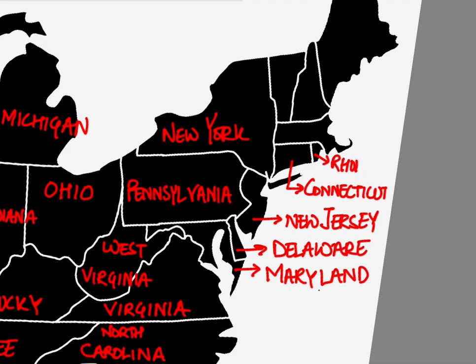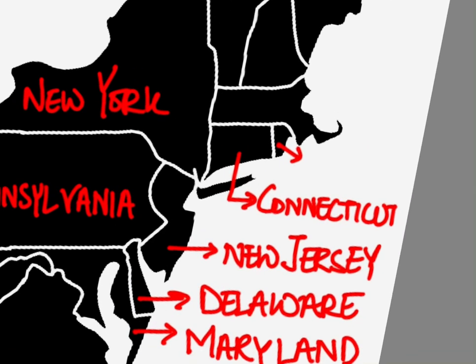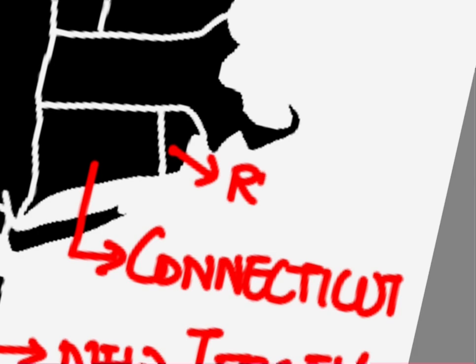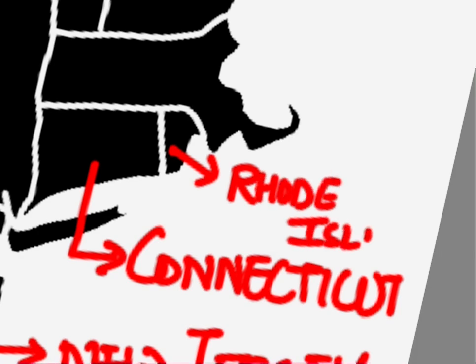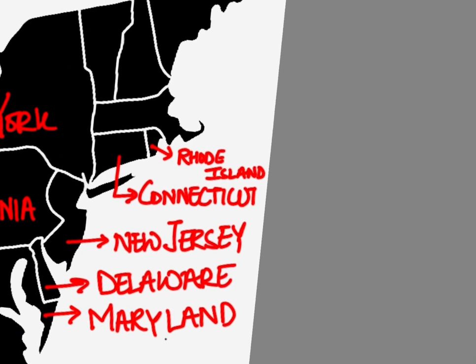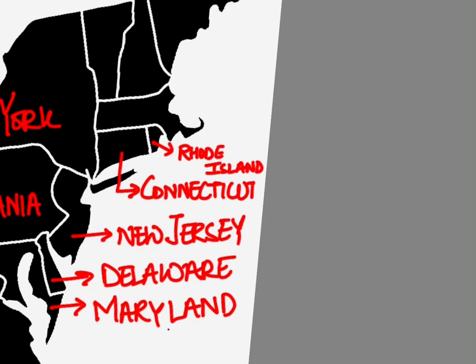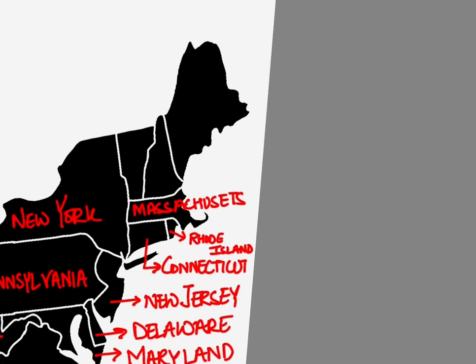Let me write it again since I don't have enough space to write it. Zooming in, this is Rhode Island. I think I've zoomed more than enough. Now this is Massachusetts. And the most northeastern state is Maine.